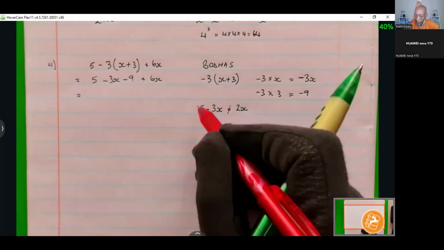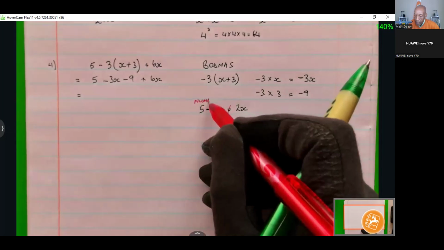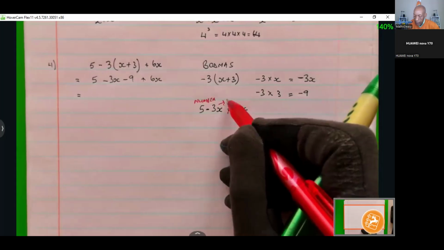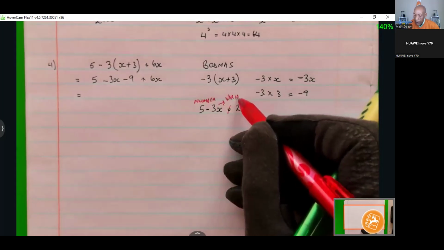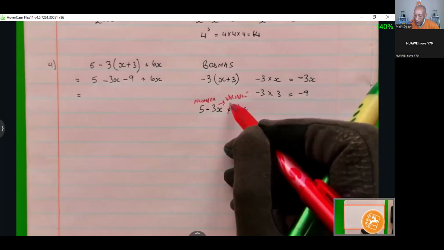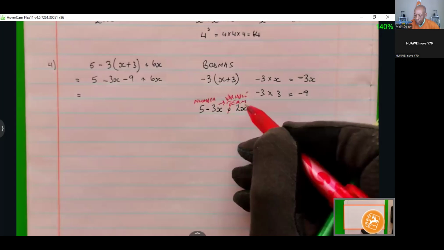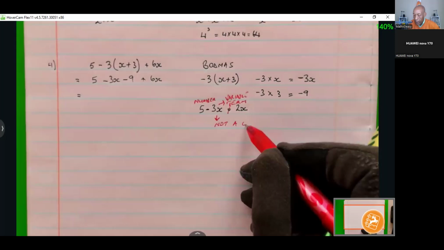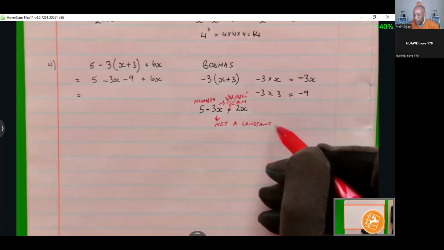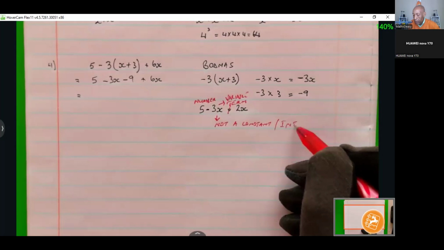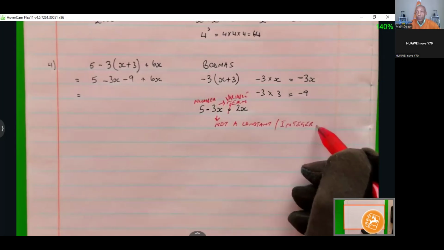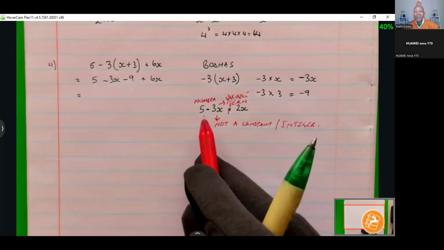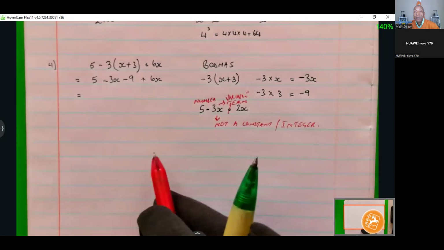Right, this is a number. And this one is a variable term. It is not a constant, not an integer, not a natural number. So I can't add or calculate two terms that are not the same.